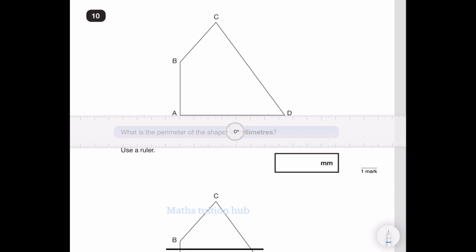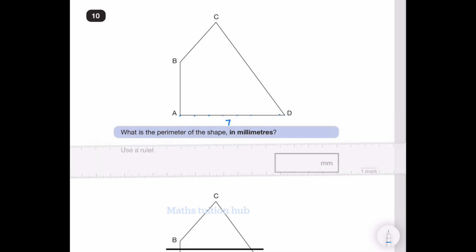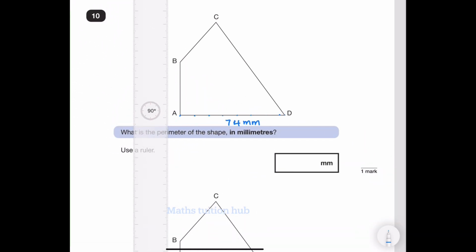So the first line, measure 1, 2, 3, 4, 5, 6, 7, 7.4 centimeters. That means 74 millimeters. We need to write it in millimeters because we need the answer in millimeters.